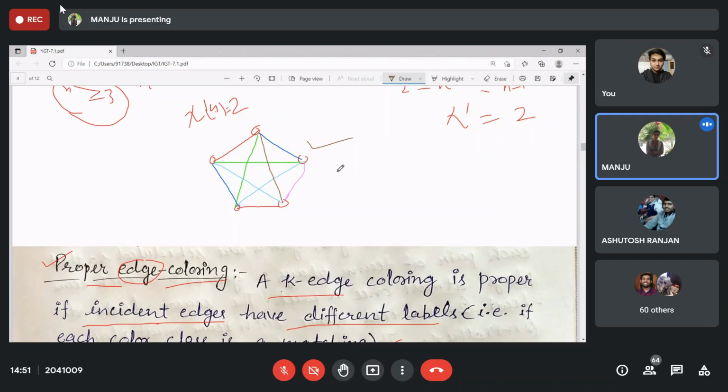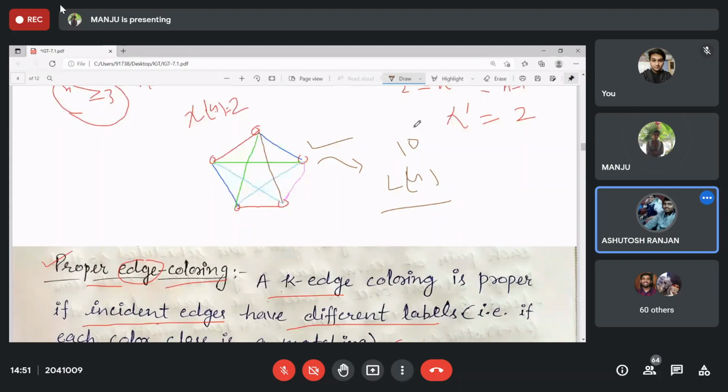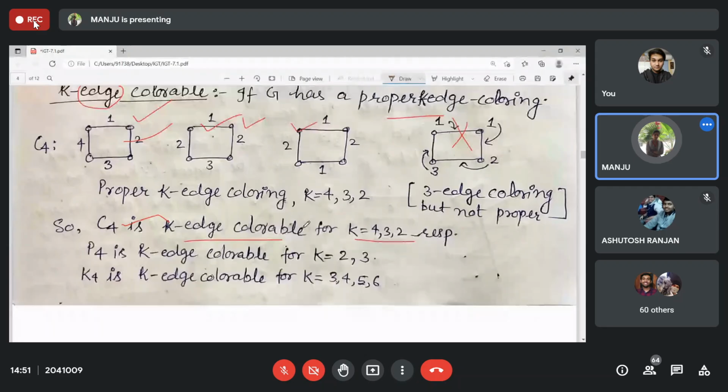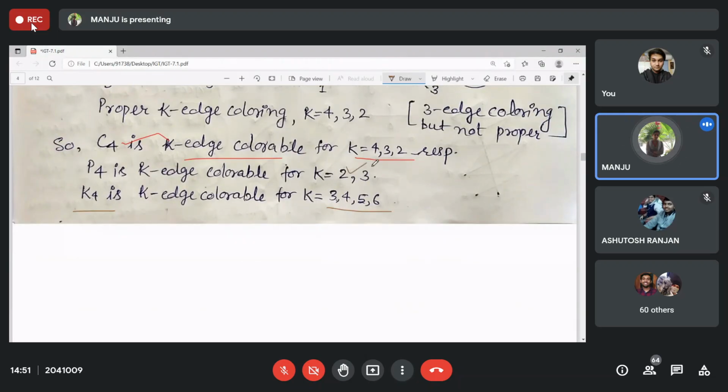Yes. Okay, if you are stuck at this one, find the line graph and find the vertex coloring, right? But the line graph will also be difficult because there will be 10 vertices. Okay. So anyways, we will generalize it. Don't worry. For K3, K4, it will be 3, 4, 5, 6. For P4 it is 2 and 3.